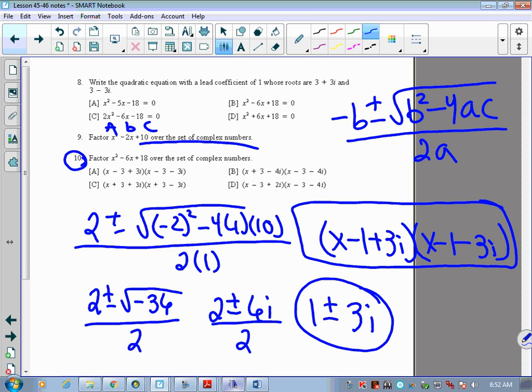Now, I believe what we saw with 8 matches up with what we saw in 10, right? Because I think what we got was x squared minus 6x plus 18. So we should get 3 plus 3i, 3 minus 3i, which means we need to see that minus in both places. So I want to say that you're going to get A for your answer there. Does that make enough sense for you guys to get a pretty good start on things?